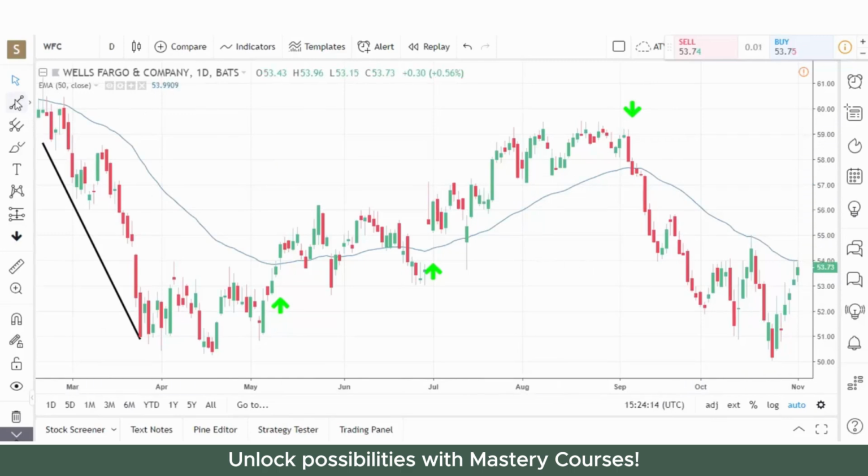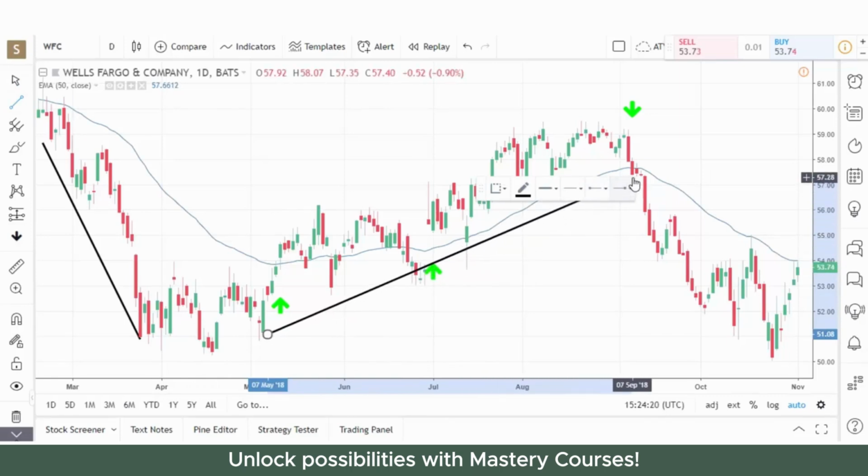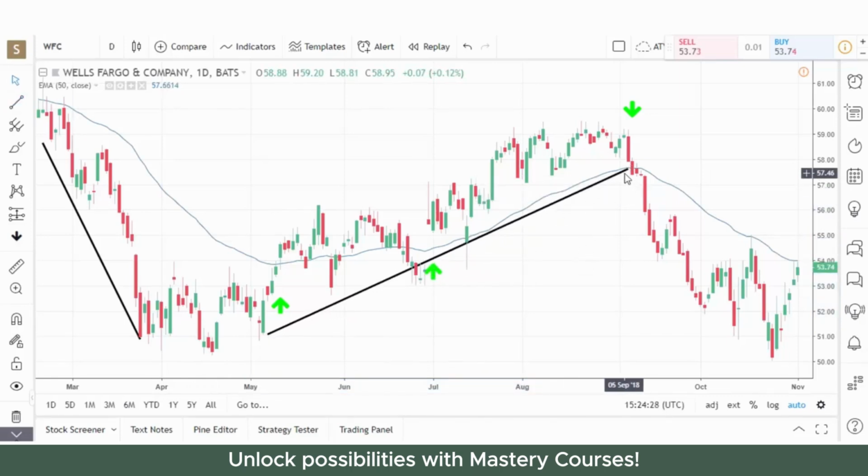So we can see in the uptrend, the stock is generally above the EMA, and then as the stock crosses to the downside, we get a downtrend in the stock.